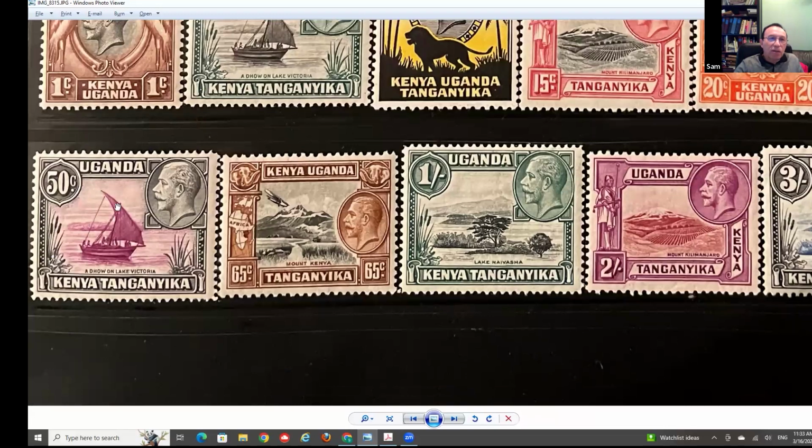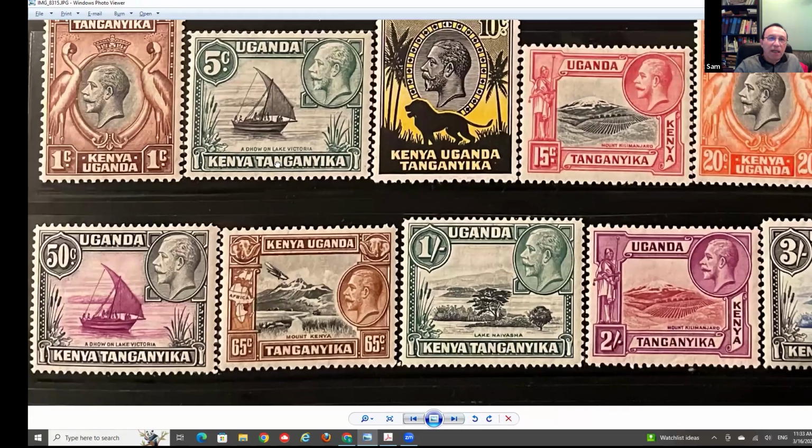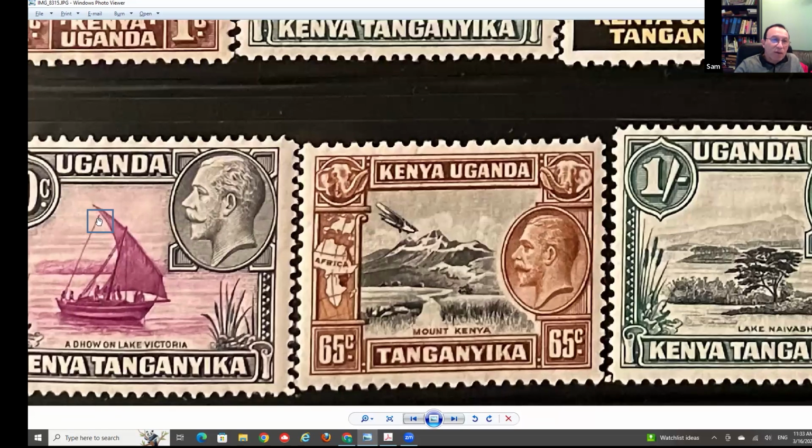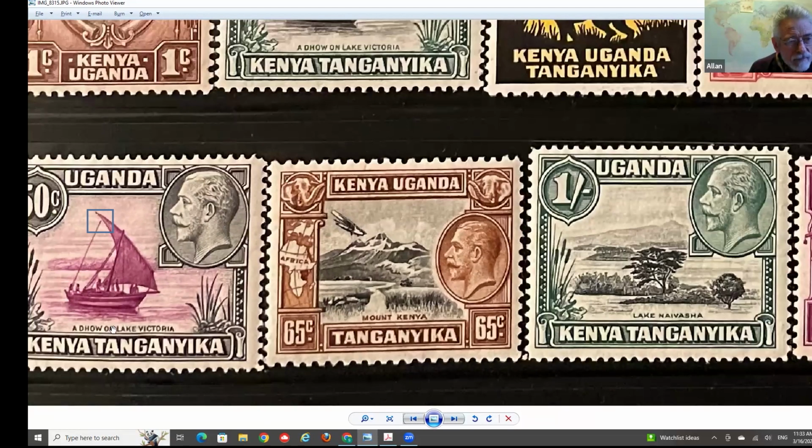And this error was on the 5 cents and 50 cents, right? You can see it a little more clearly here. That is not really touching. And that's down on Lake Victoria. Lake Victoria is also the largest lake in Africa.